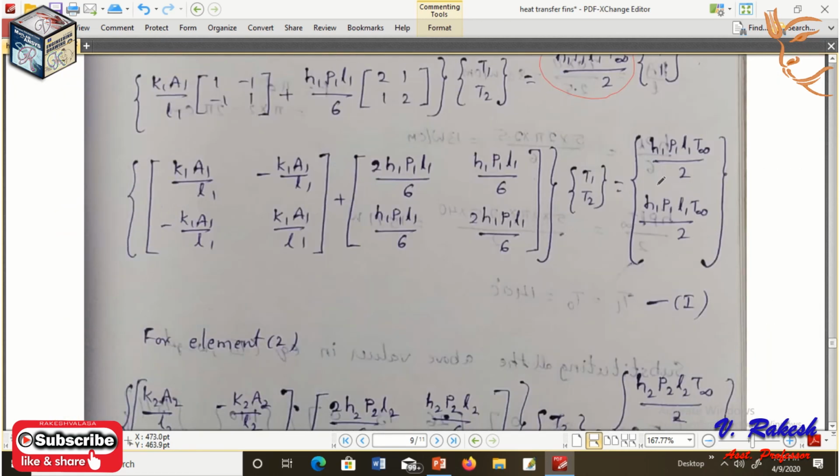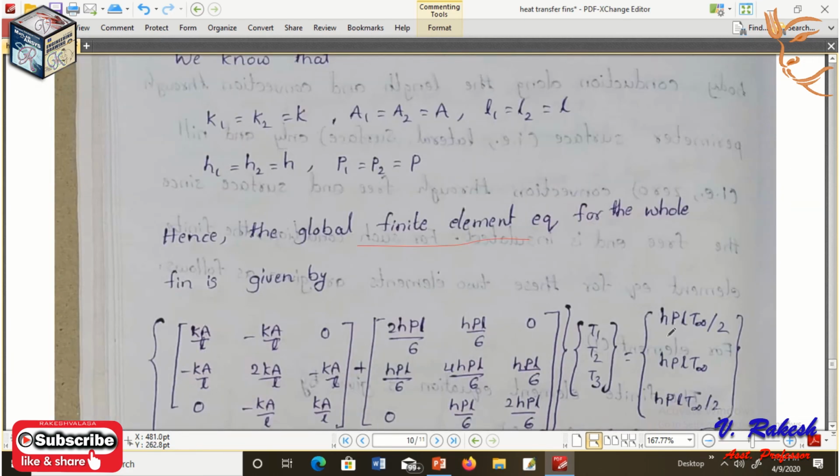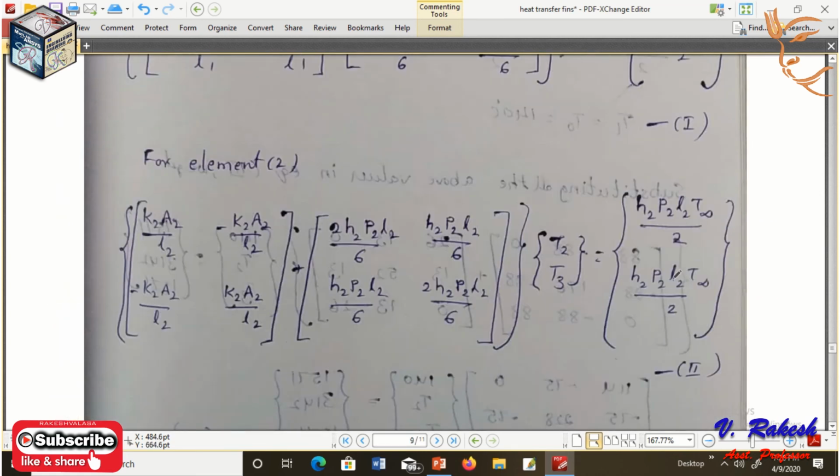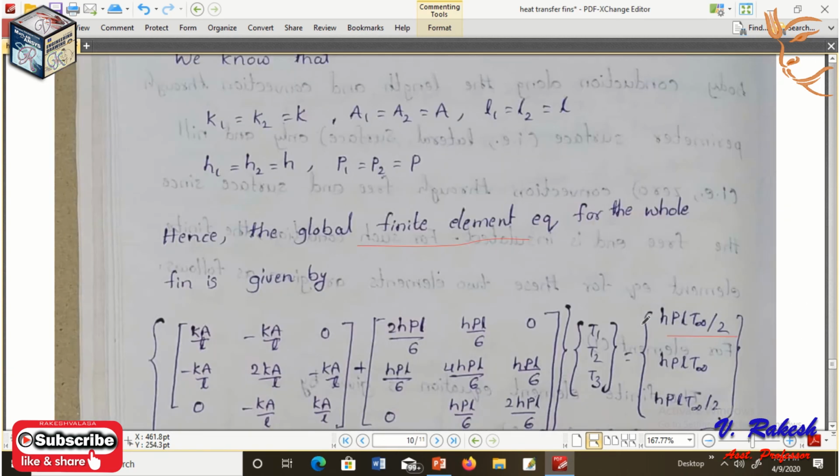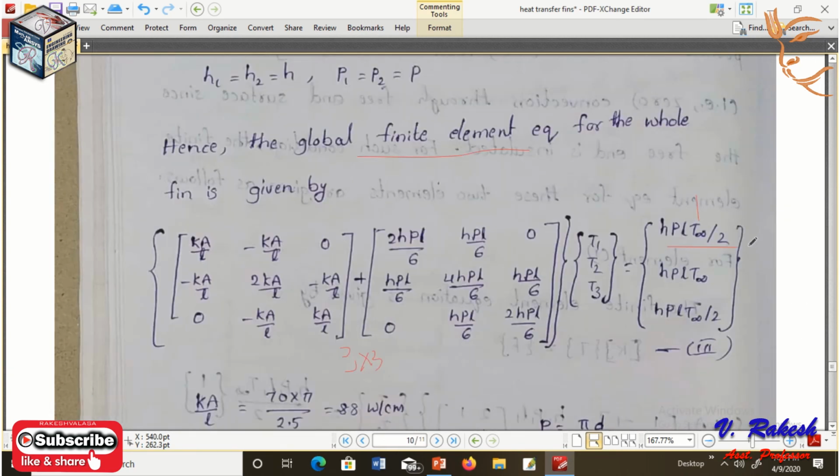For equation 1, the force is H1 P1 L1 T infinity by 2 into 1 1. At node 2, equation 1 has a 1 term and equation 2 also has a 1 term. Addition of these two terms equals HPL T infinity.